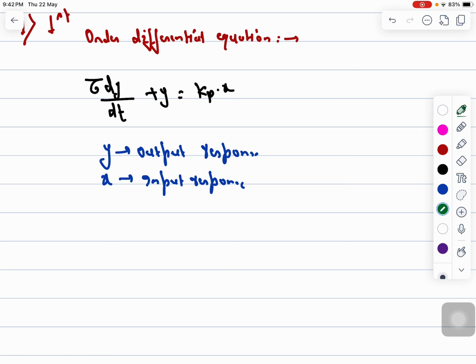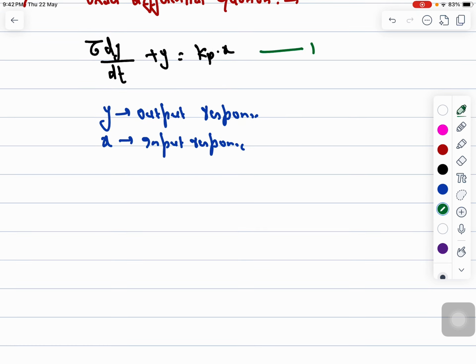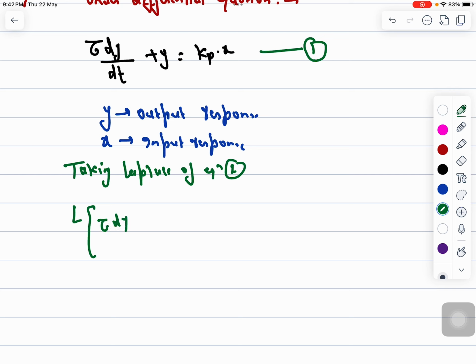Now let's say this is our equation one. Taking the Laplace of equation one, what will you get? Laplace of tau dy by dt plus Laplace of y equals Laplace of kp into x.